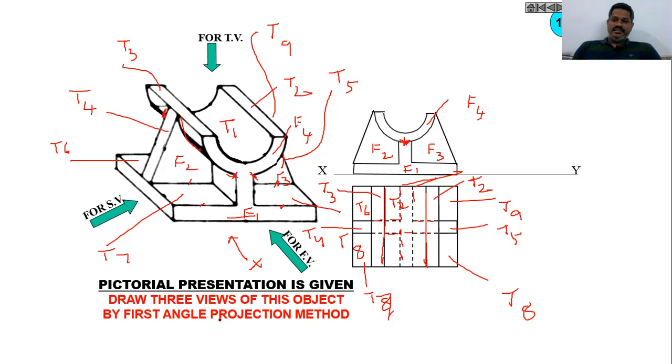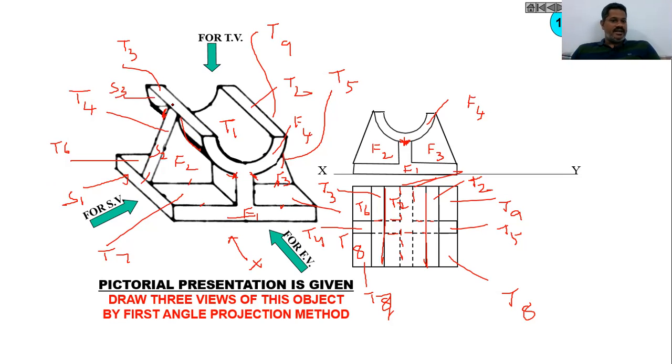Then let us try to draw the left side view. When you see from the side, we can see the inverted T shape like this. As you can see, this is our side view. S1 I am assuming, and this is my S2, side face 2. Similarly, you will also find the S3 face here.